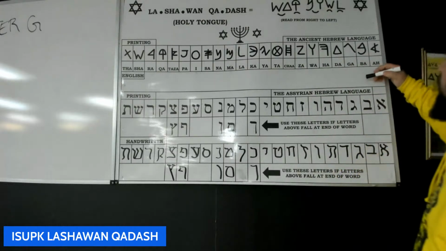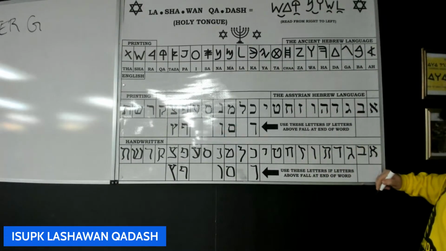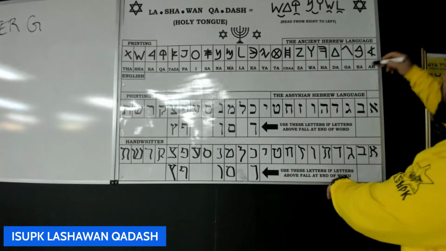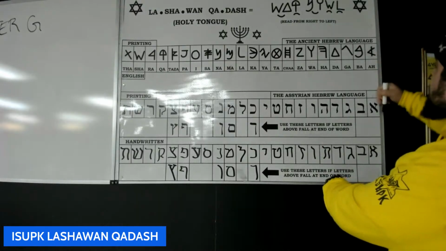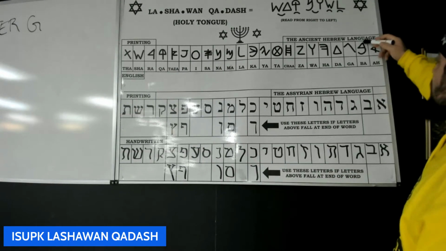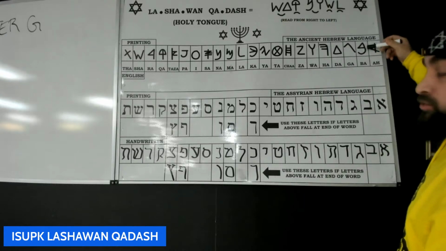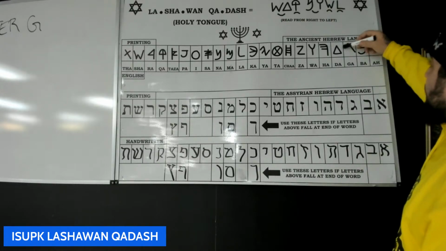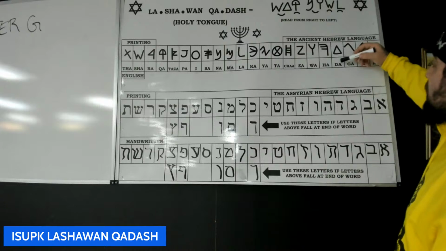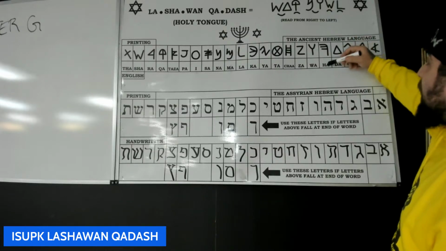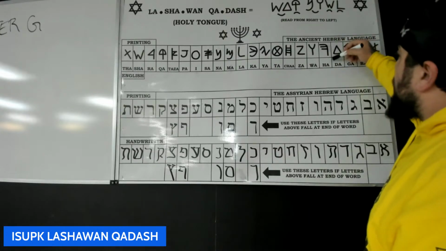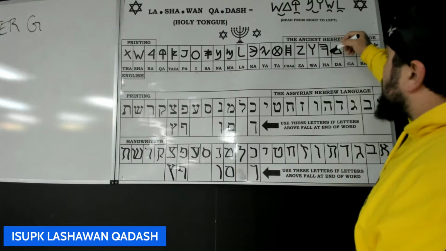All right. So there's the ancient A, basically written like a sideways A. Ba is written like a triangle. Ga is formed like a 7 in an angle. Da is like a triangle. Ha is like an F with two extra bars.